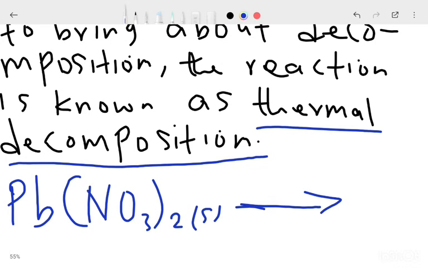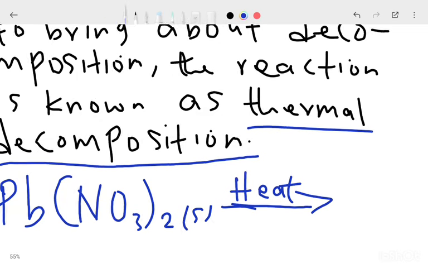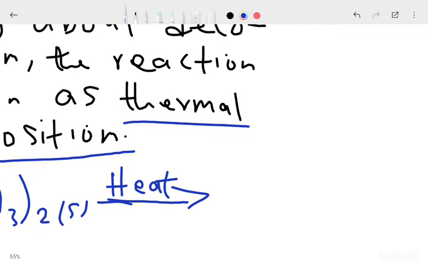Now this is the arrow. Heat is the catalyst here. Got it? Heat at the top side of the arrow. Now, in our coming lessons, we'll be learning how to balance chemical equations. We'll be learning how to name compounds. So we have a lot of things to do. So follow up, okay?